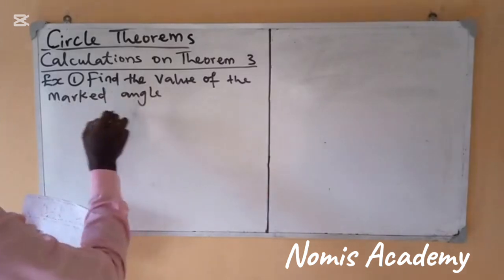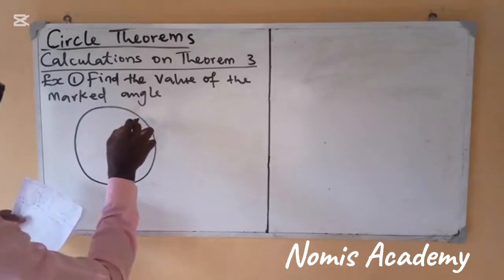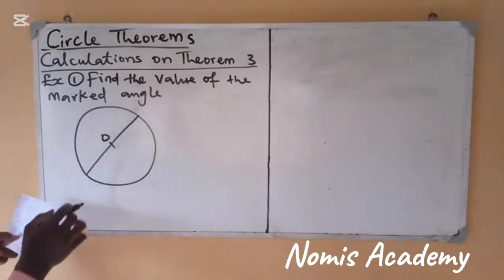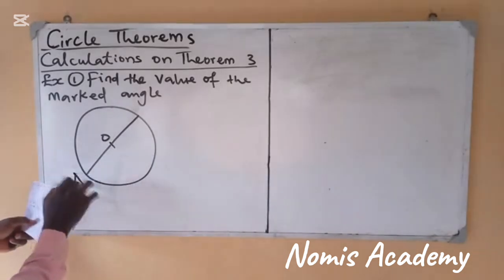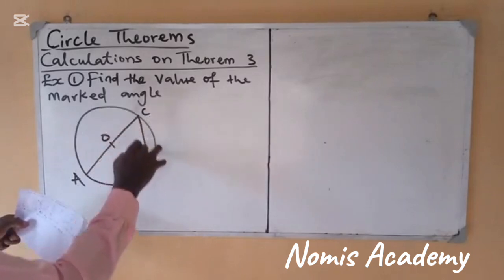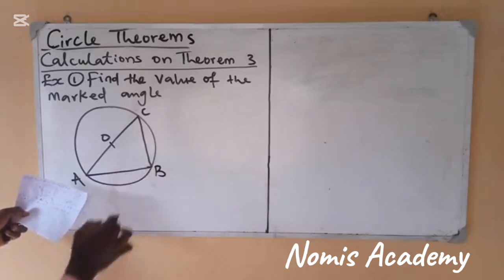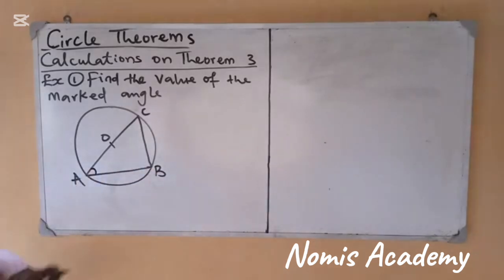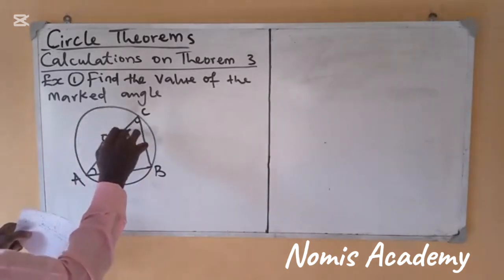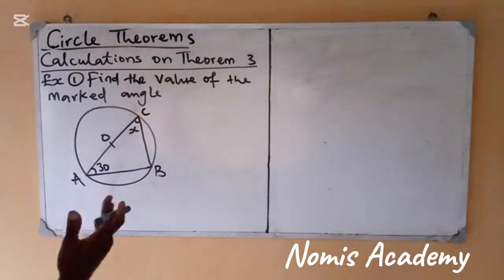So we have a circle and a diameter with center O, and then here this point is A, this point is C, and we also have another point which is B. Now, angle at A is given to be 30 degrees, and then angle at C is X, the marked angle. Now we are asked to find the marked angle.